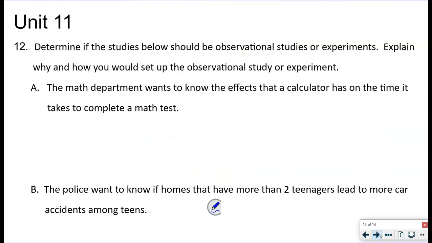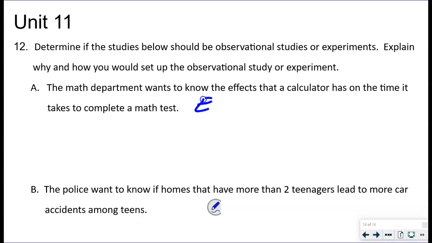So Unit 11. So this is determine if the study below should be observational studies or experiments, and why, and how you would set up the observational study or experiment. So the math department wants to know the effects that a calculator has on the time it takes to complete a math test. So would you do this as an observational study or as an experiment?